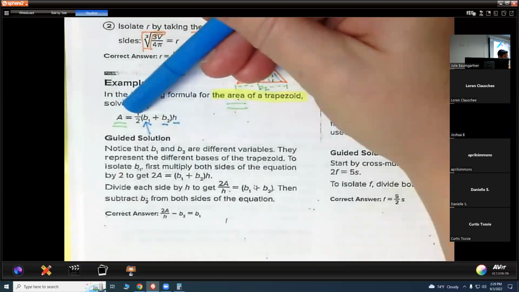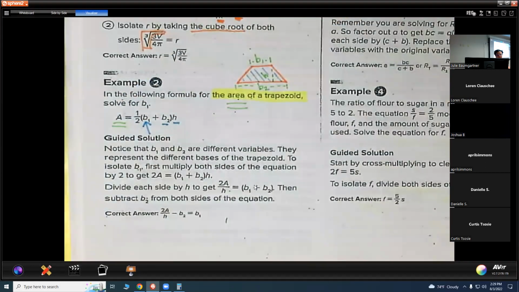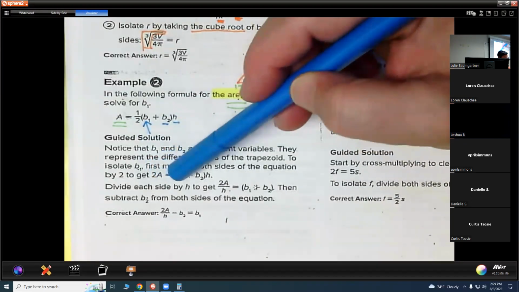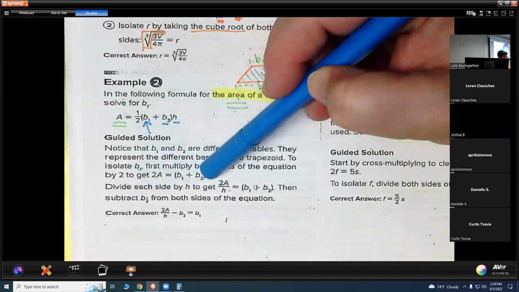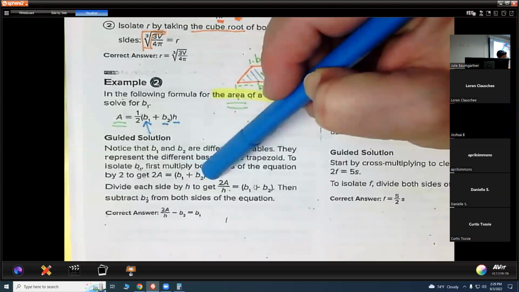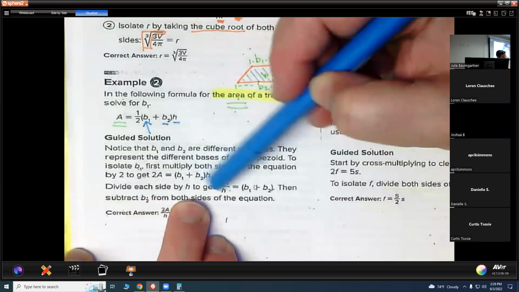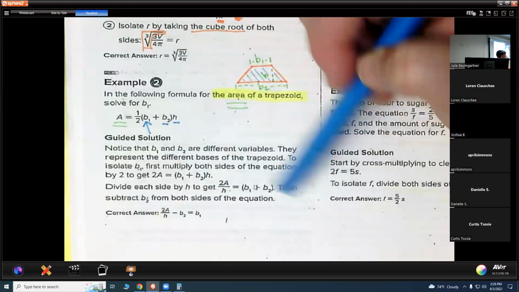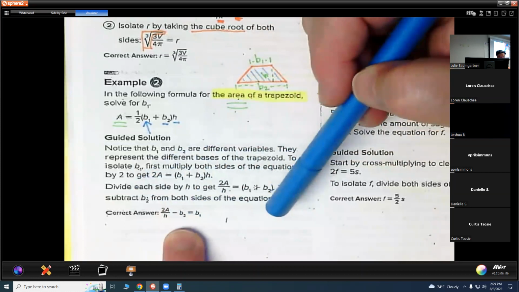That gets rid of our 1/2, because the opposite of dividing by 2 is multiplying by 2. So then we have 2A equals (B1 plus B2) times H. Then to get rid of our H, we divide both sides by H, and then subtract B2 from both sides.